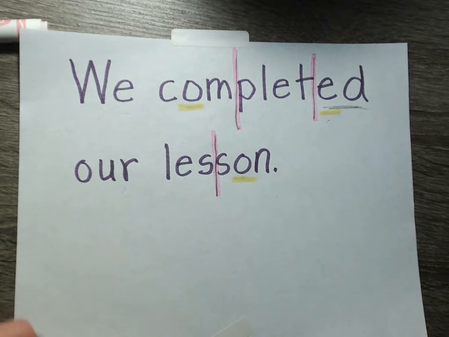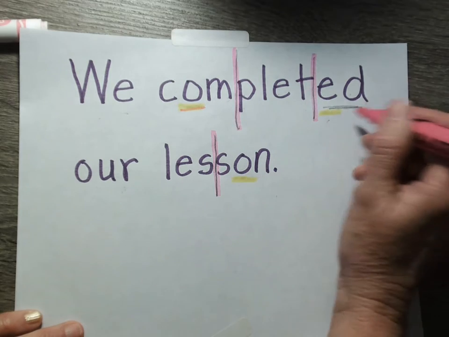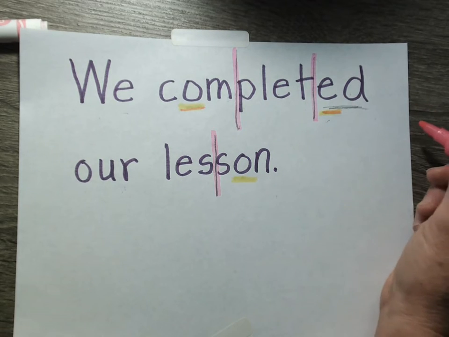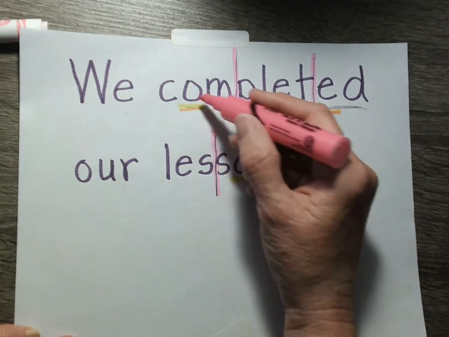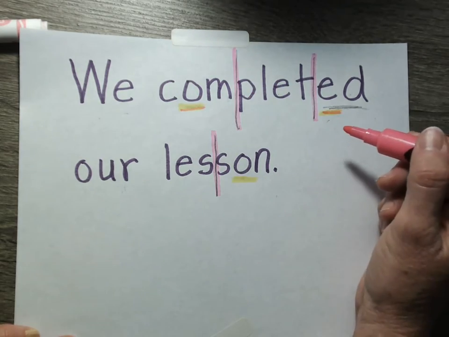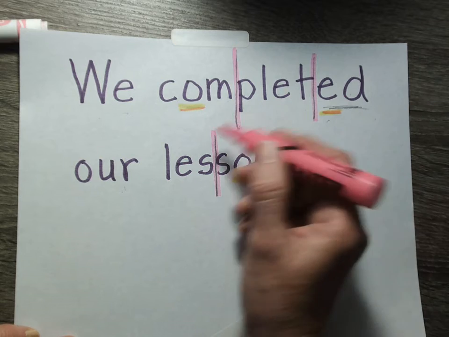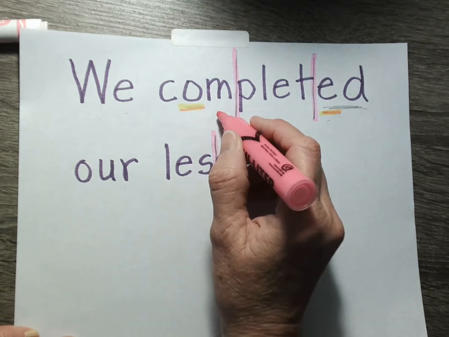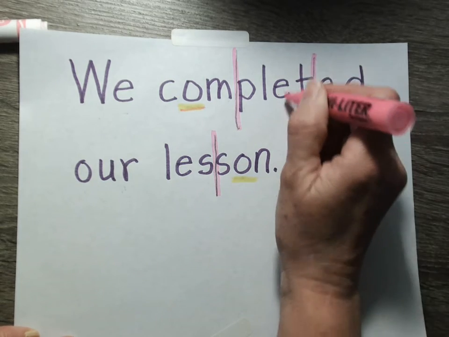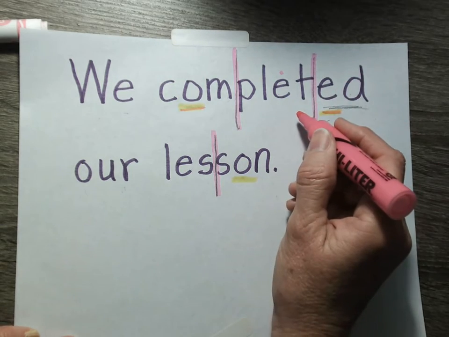Completed. This O and this E, I'm being kind of lazy about the way I say them. This is a short O, and that makes the sound ah. So I should say this syllable calm, calm. This is a long E. Completed.